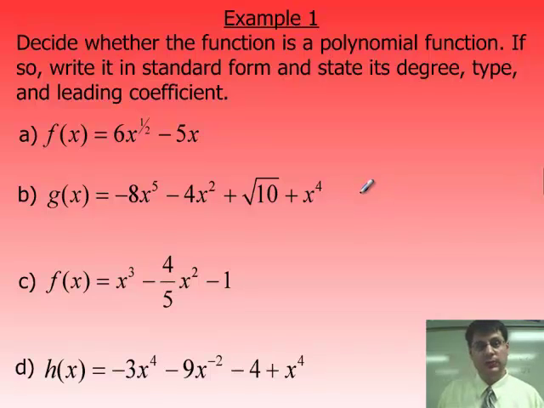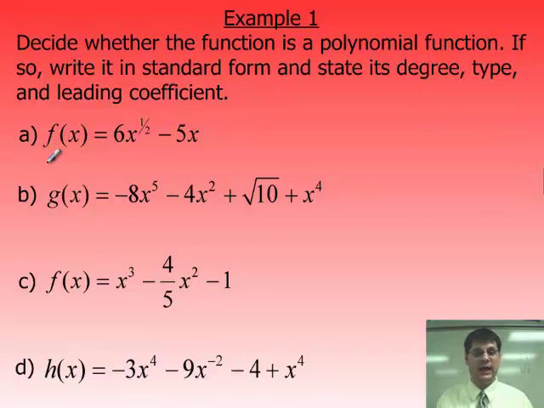Well, in order for something to be a polynomial function, we have to have positive integers as exponents. In other words, we're looking at natural numbers. We're not including 0.